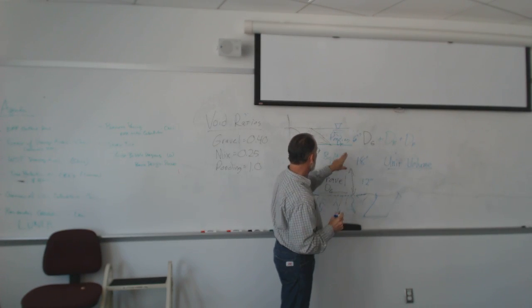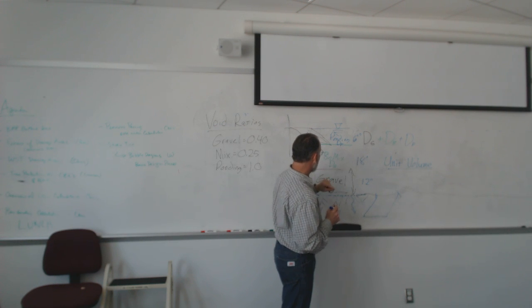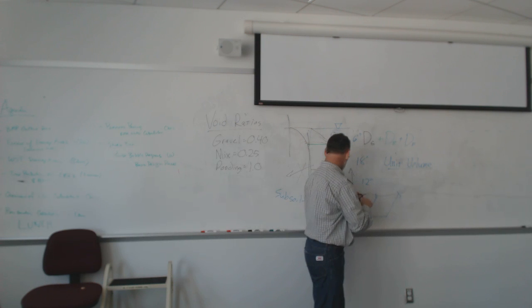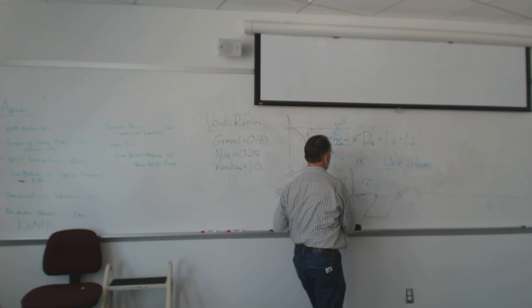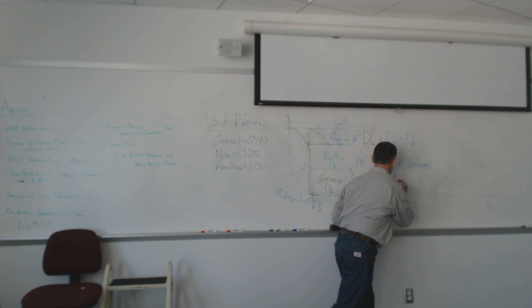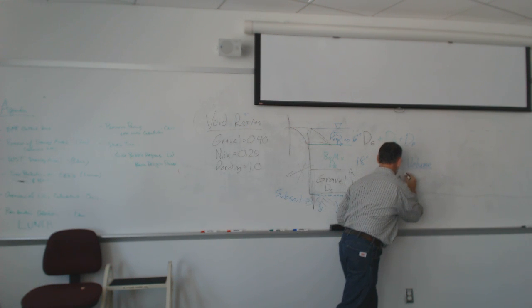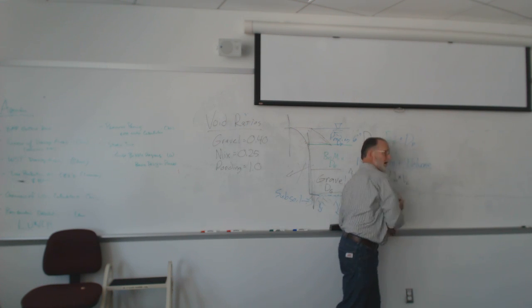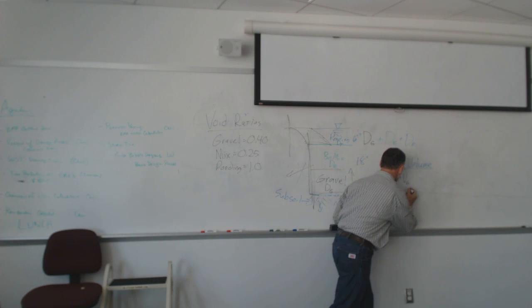So here's how that unit volume works. I'm going to take my depth of gravel times the void ratio of gravel, which is 0.4.